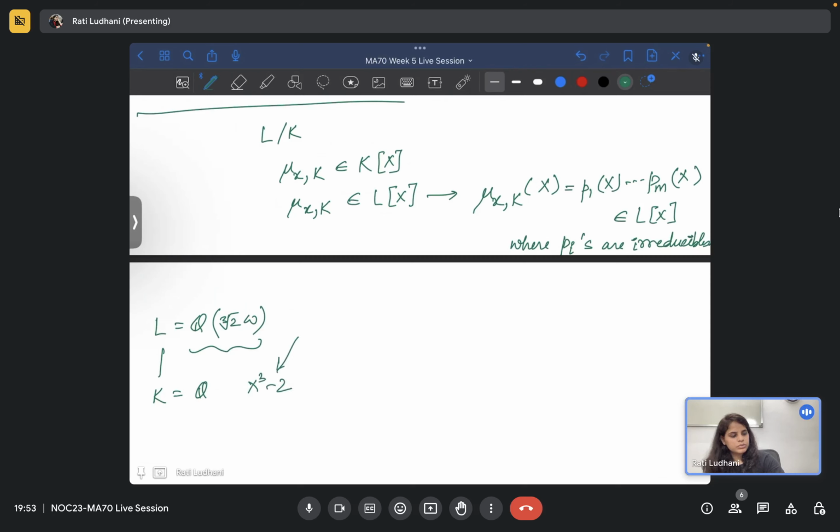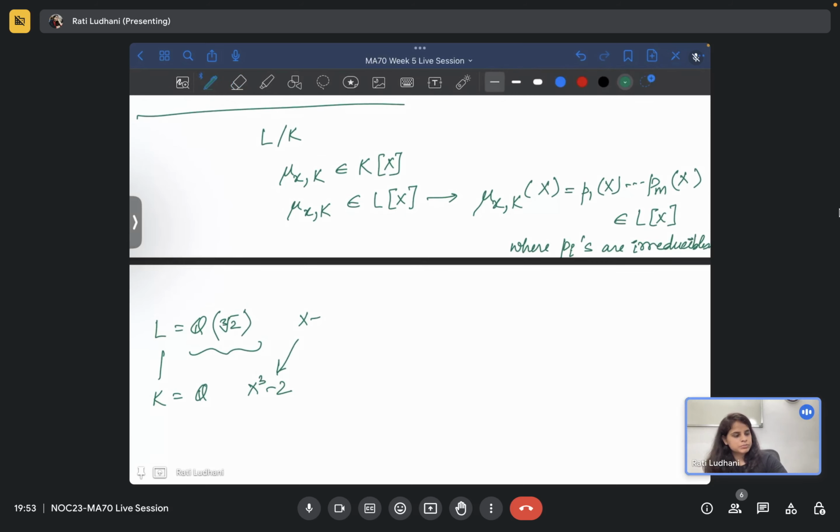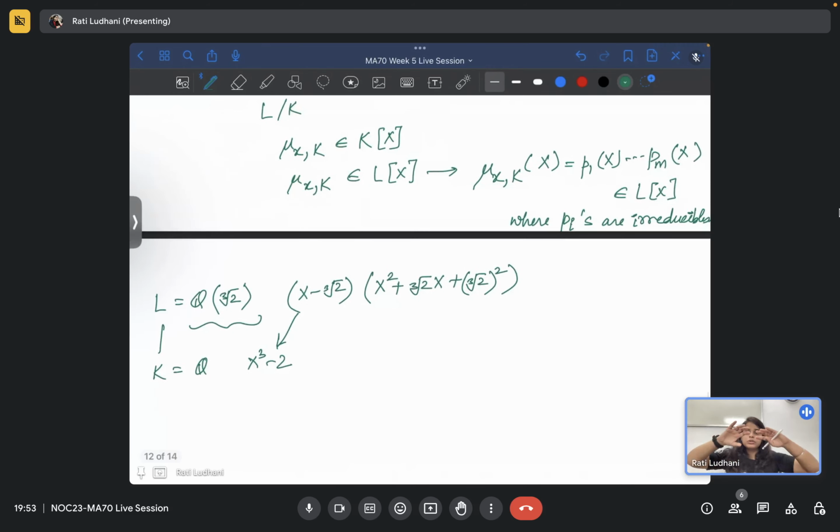Now the same polynomial will look like x minus cube root of 2, and x square plus cube root of 2 x plus cube root of 2 square. It's the same polynomial. Now it has split into two factors. So there are some irreducibles which are in L[x].